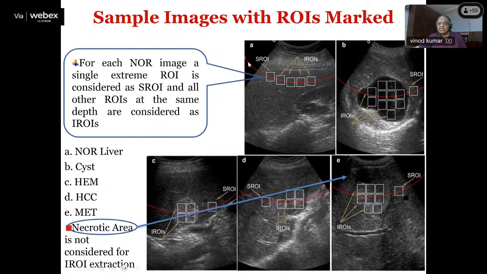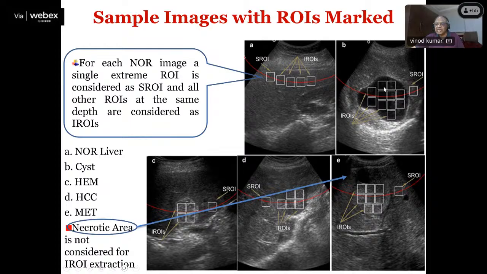An arc is drawn, and all ROIs should be taken along this arc so that they are at the same distance from this particular probe. This is very important.